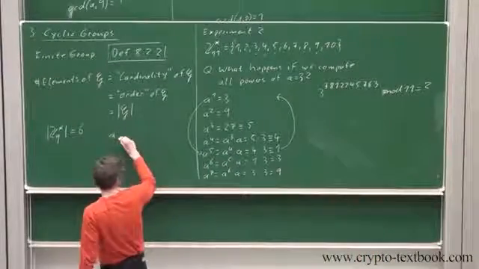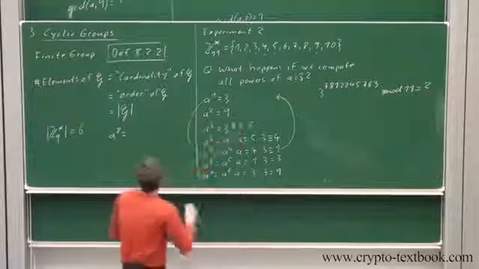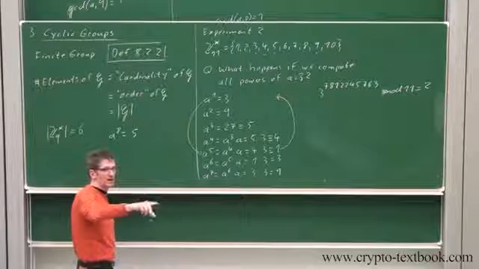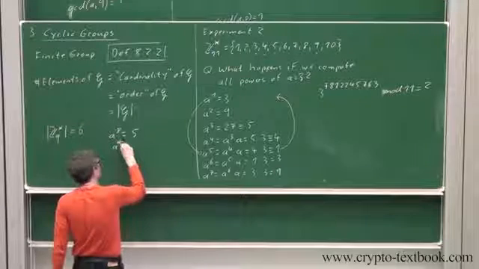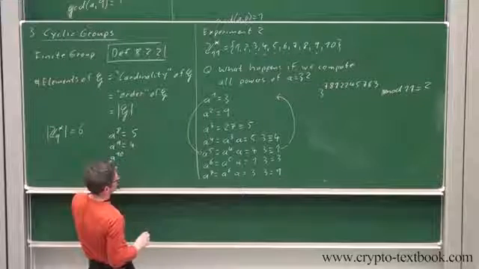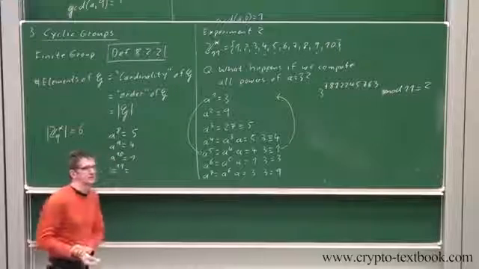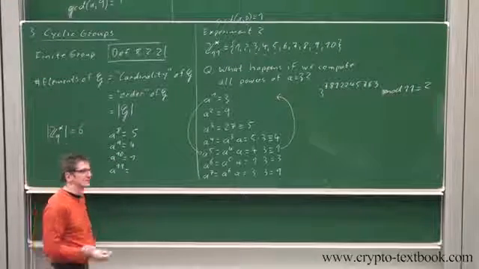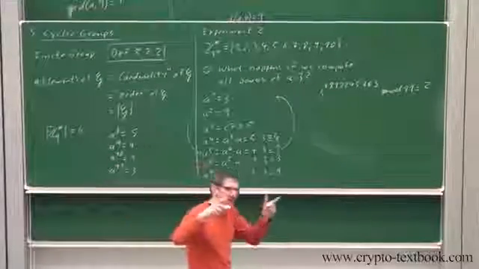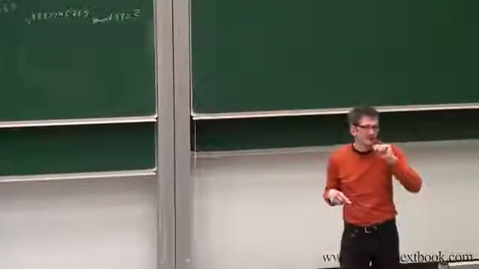Well, you can continue. So a to the 8th is 9, a to the 9th is 5, and then 4. A to the 10 is 1. So, what is a to the 11? You may think that it cancels, but you can't take the exponent modulo 11, the exponent per se. Okay, I think that's irritating you.